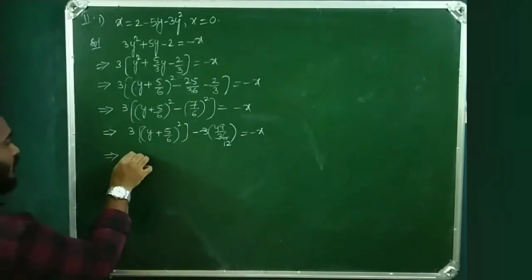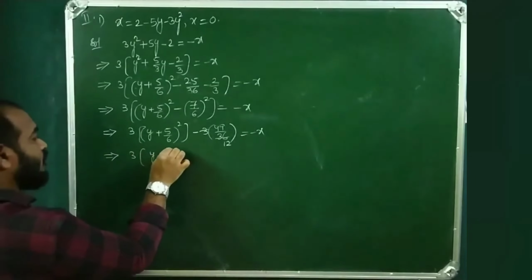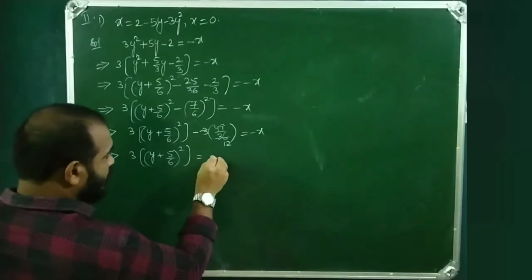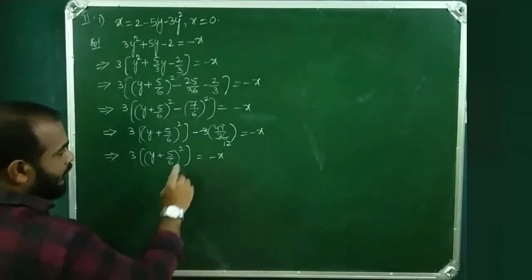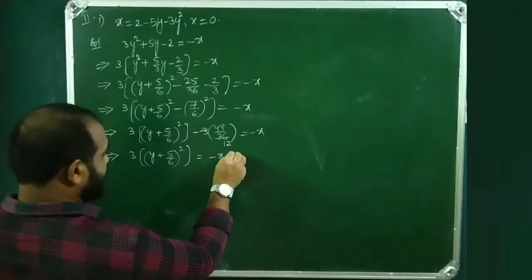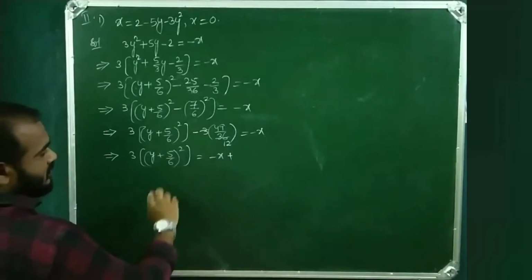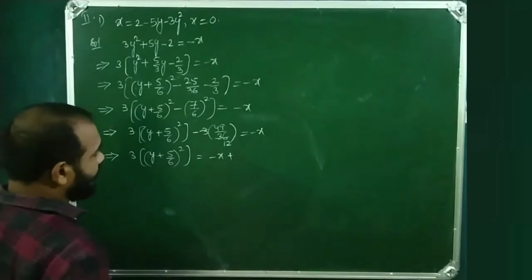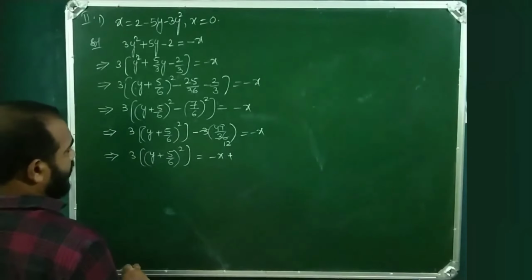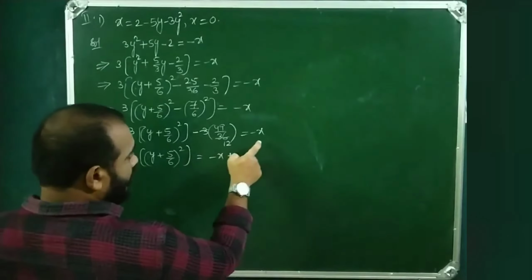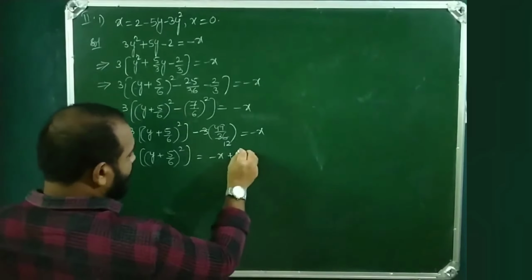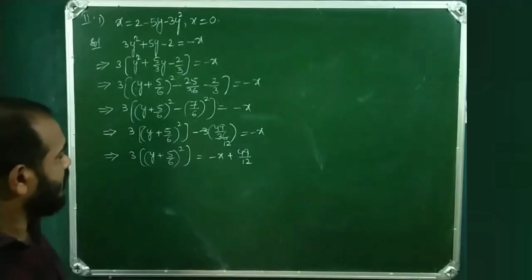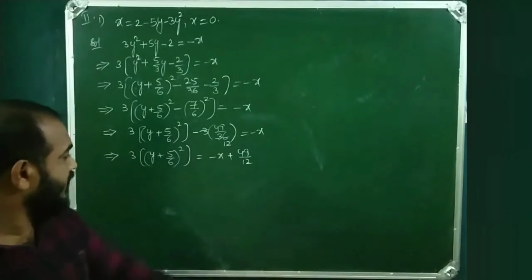So this is 3 into y plus 5 by 6 whole square is equals to minus x plus 49 by 12. Minus x plus 49 by 12.